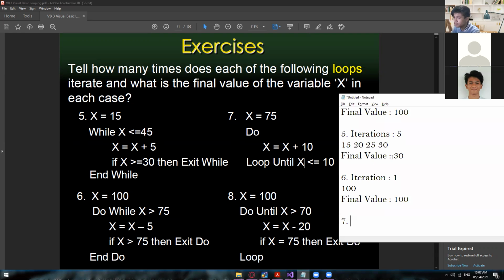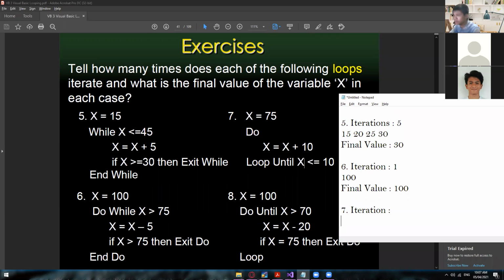All right. So for number 7, anyone who wants to answer how many times this will iterate? Take note, we have here until. So it will only stop looping once this one is true.